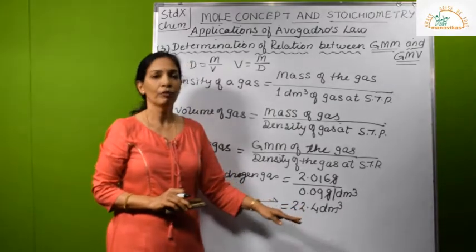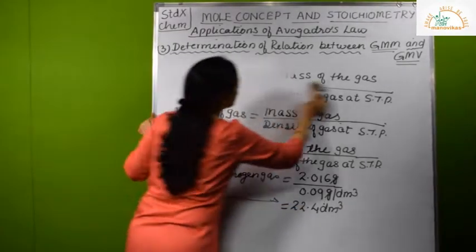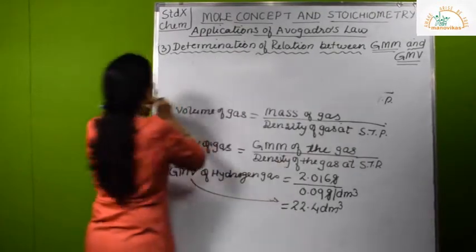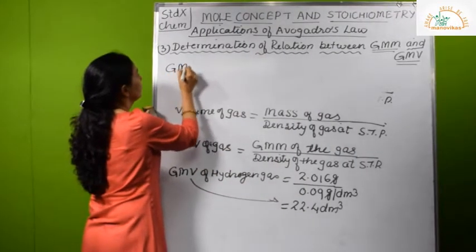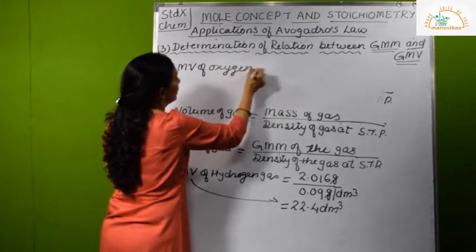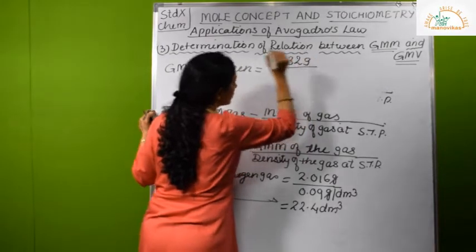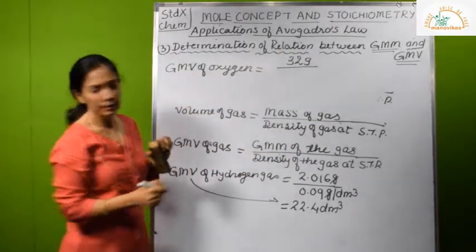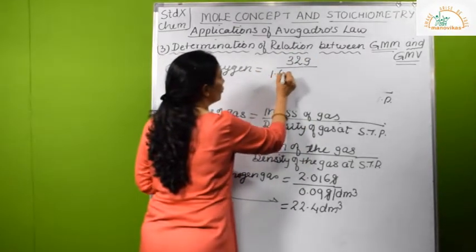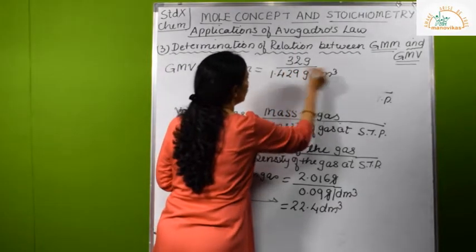Same thing is given for oxygen. So let us calculate for oxygen. GMV of oxygen is equal to gram molecular mass 32 grams upon its density 1.429 grams per decimeter cube.